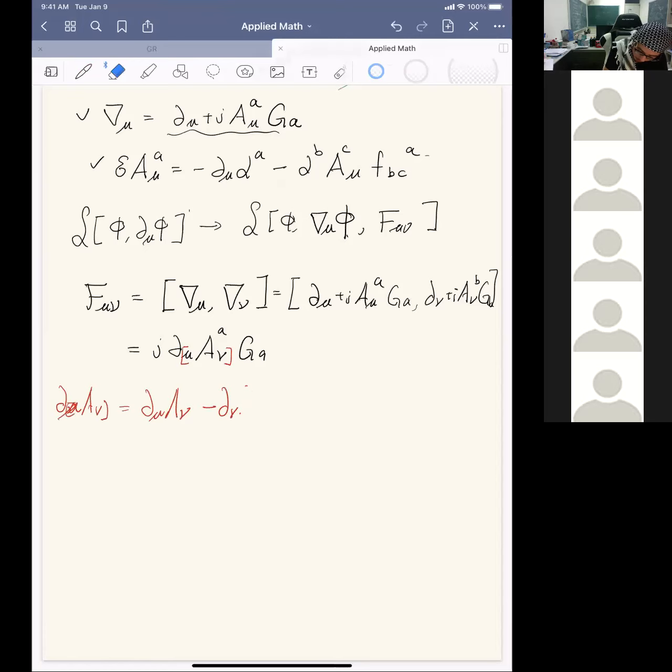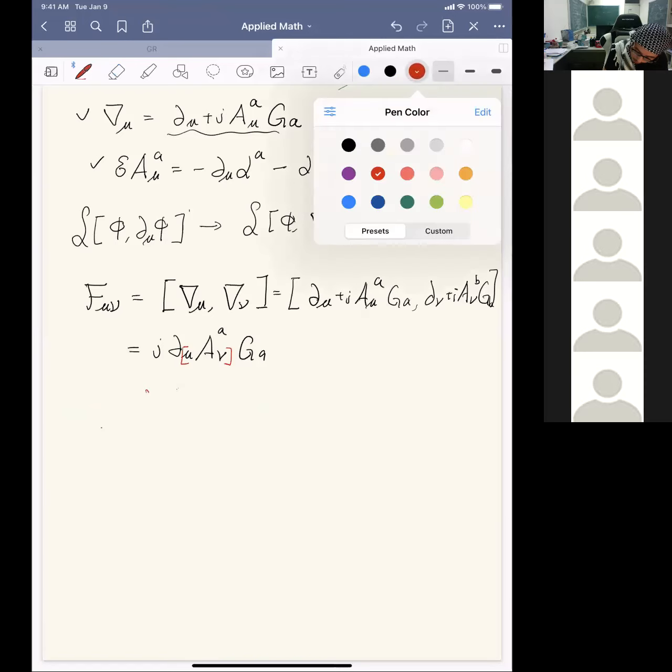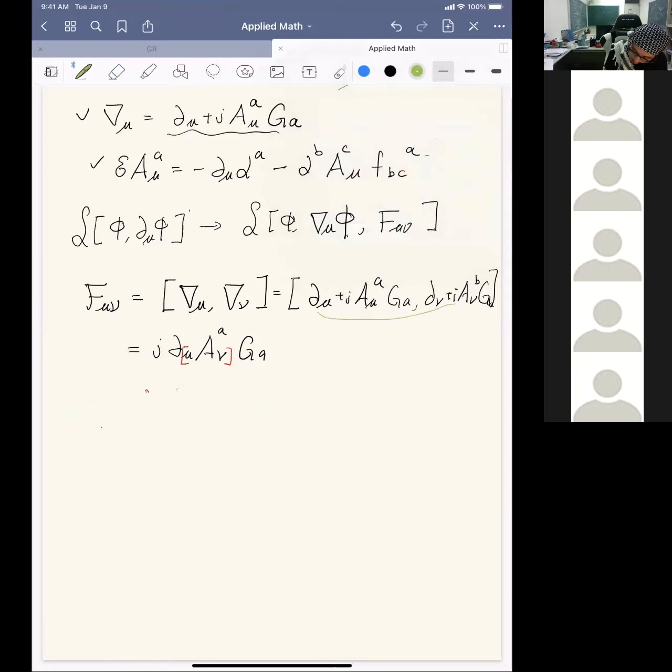Sorry, this is probably not good. Okay, that's what this symbol means. This bracket means that it is anti-symmetric. So we have this term here, which corresponds to this derivative acting on this guy, and this derivative acting on this guy.